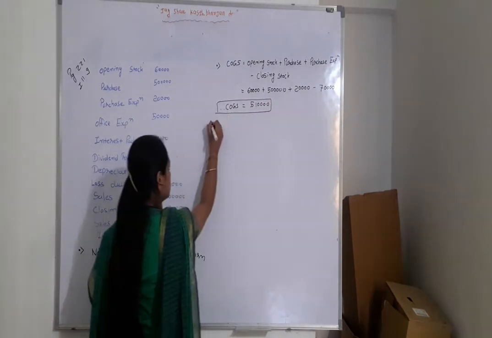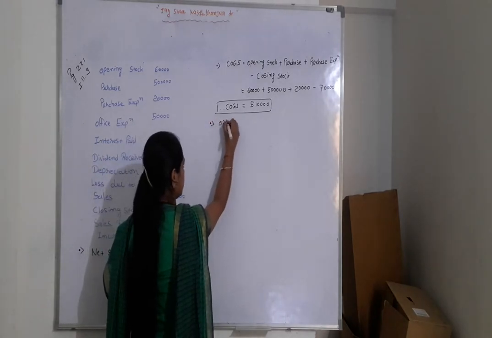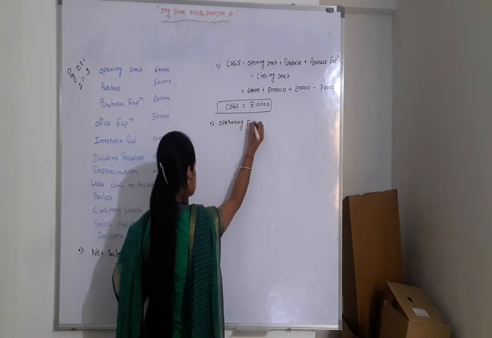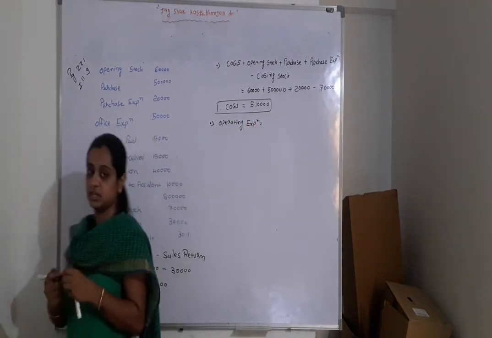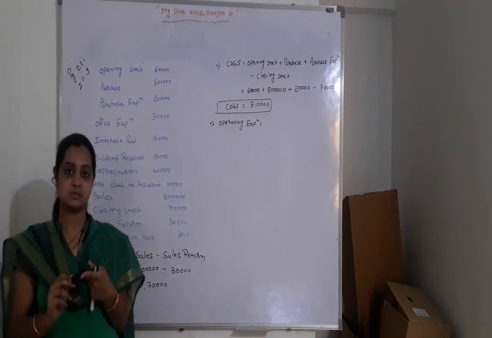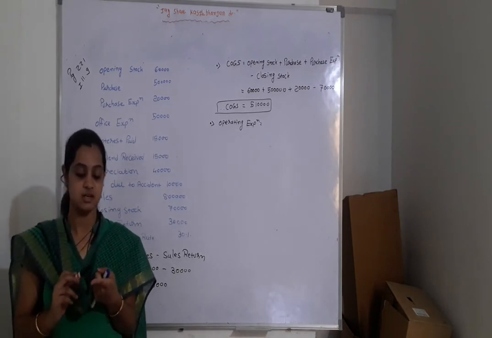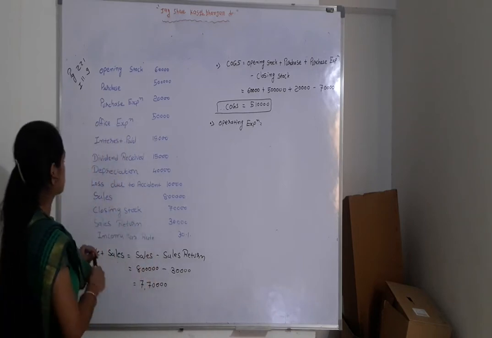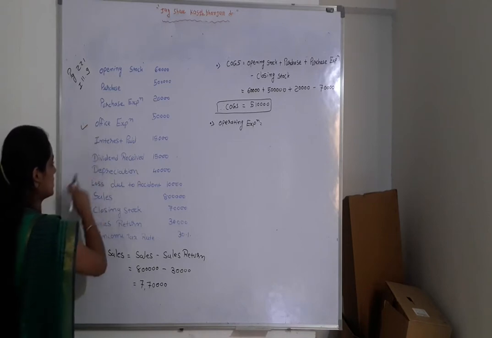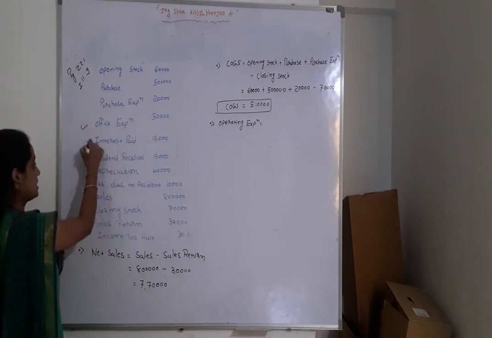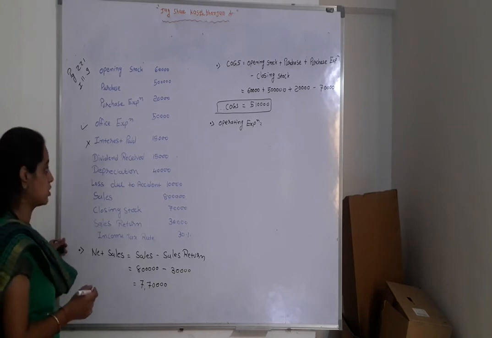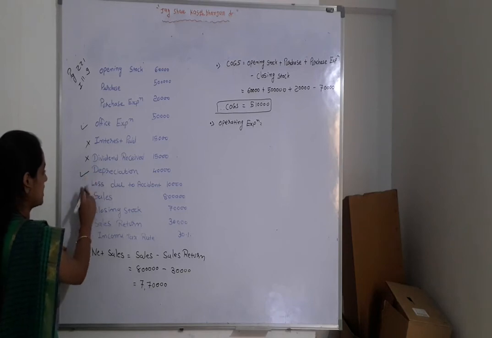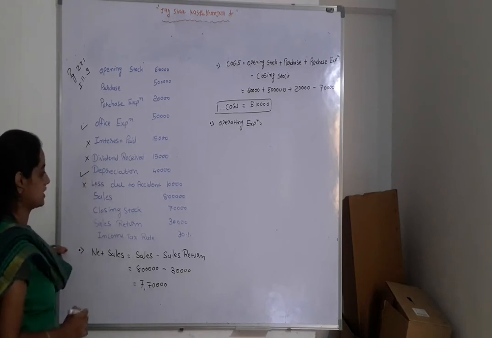Now we have to find operating expense. We have discussed that operating expense will include office expense, depreciation, sales expense and amount written off, right? So from this we will include office expense. Interest paid, that is finance expense, that's why it will not be included. Dividend received, that is our income. Depreciation, yes. Loss due to accident is non-operating expense.